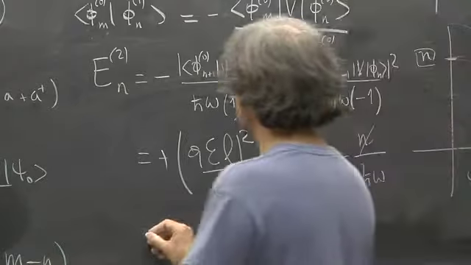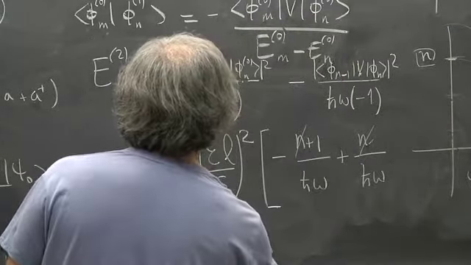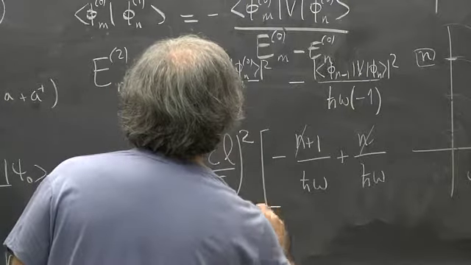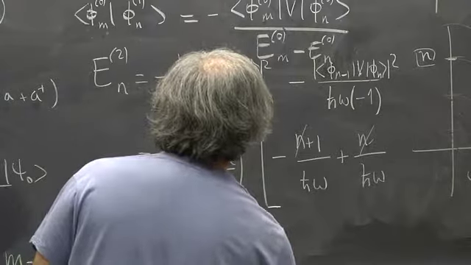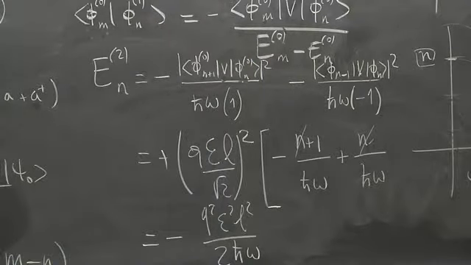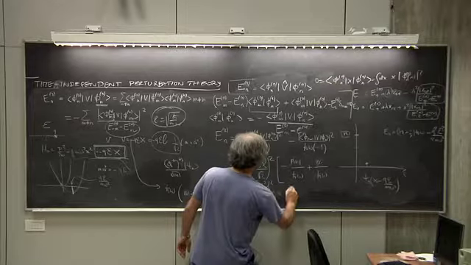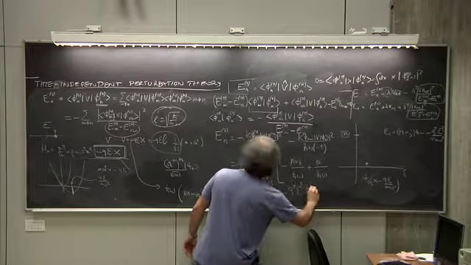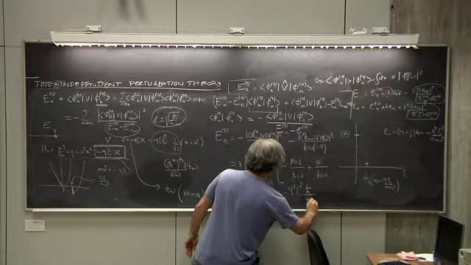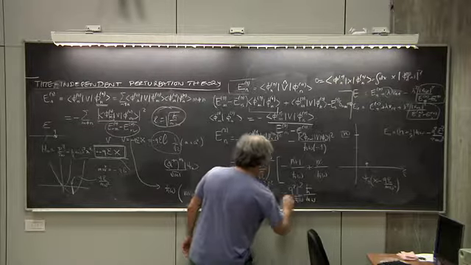And all I have is minus q²ε²L² divided by 2, and then I have ħω. Now, shall we put the formula for L² in? Yes, let's put minus q²ε² ħ over mω. Then I have 2ħω from here.